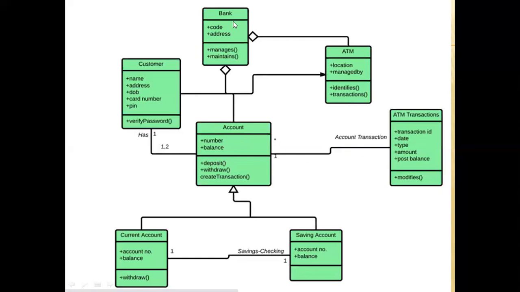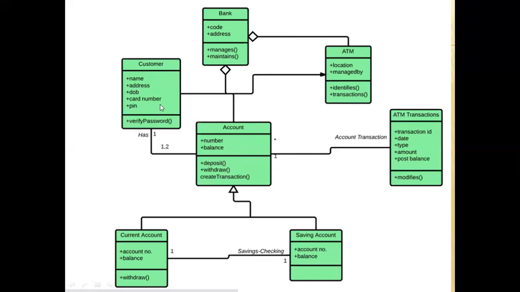So in a banking system, there are different types of objects: ATM, transaction, account, customer, and bank. In any complex system, first you identify the objects. Next, what are the relationships? The customer has a relationship with ATM, with bank, and with account.